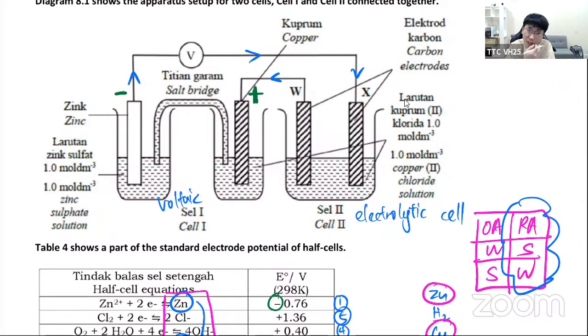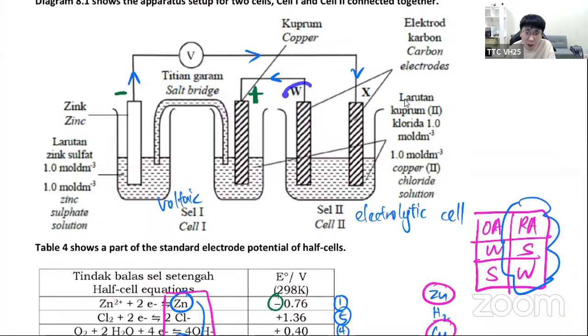As I mentioned in the previous class in the morning, if it's an electrolytic cell, the terminal must depend on the terminal of the battery. W is connected to the positive terminal of the battery, because I told you the voltaic cell is the battery of your electrolytic cell.